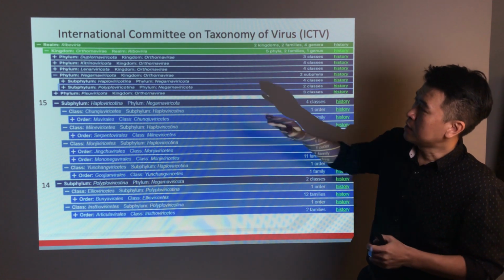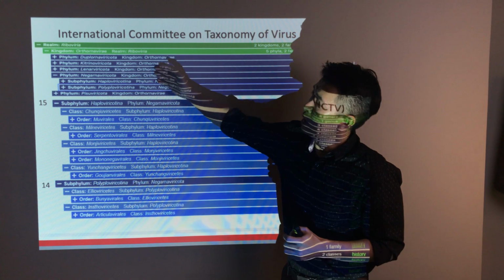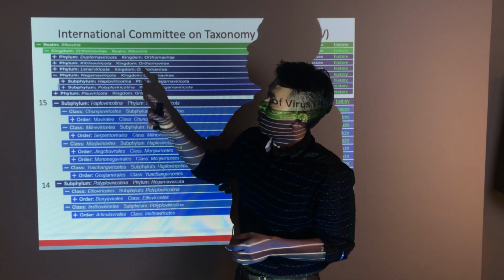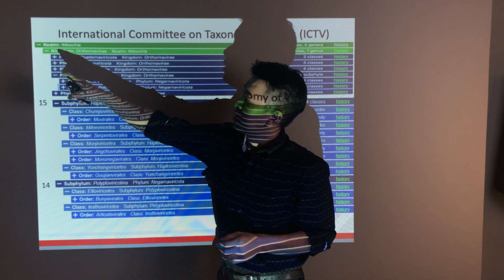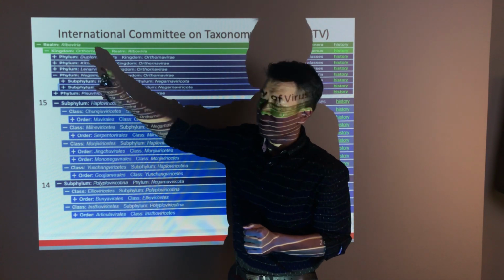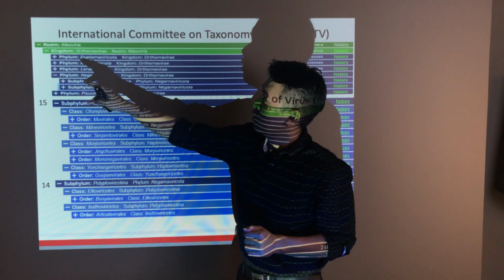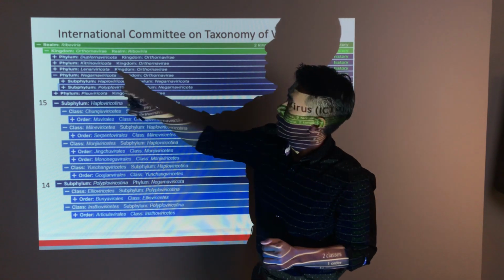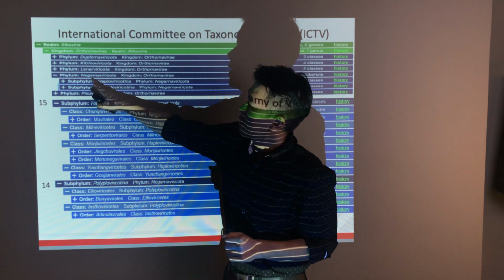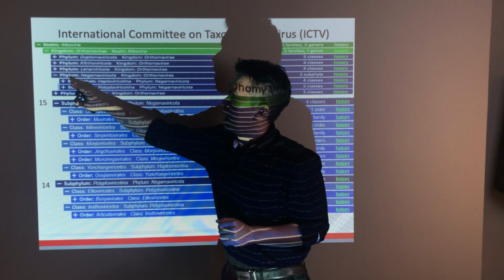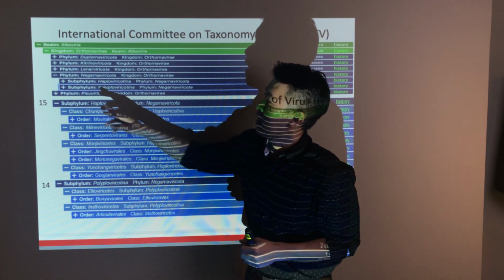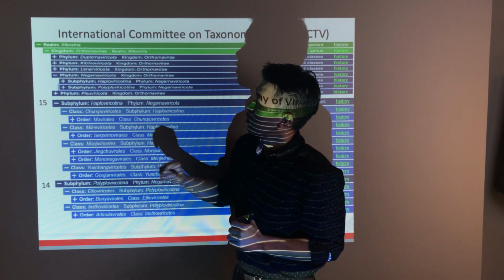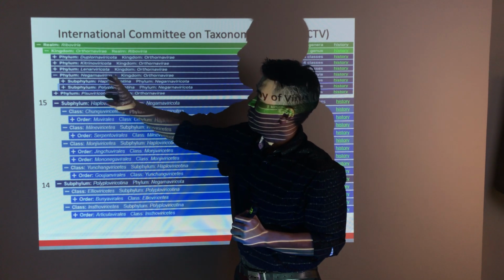So this is the classification for negative-strand RNA viruses. RNA viruses are under the realm Riboviria, then the kingdom Orthornavirae. The negative-strand RNA viruses fall under the phylum Negarnaviricota.